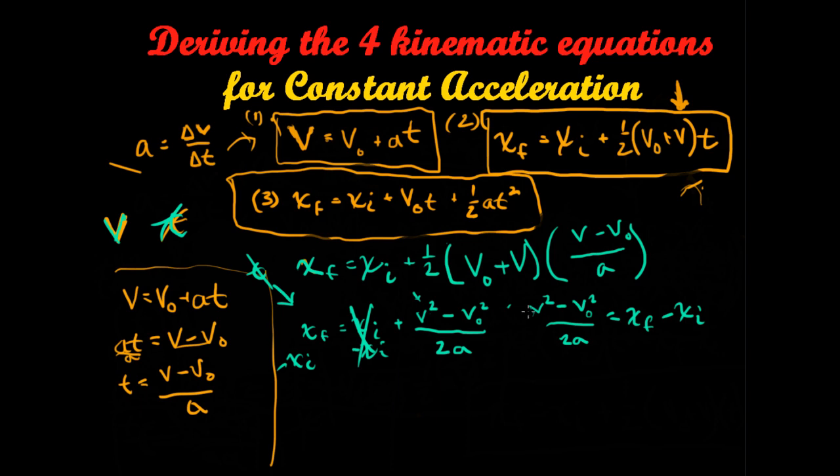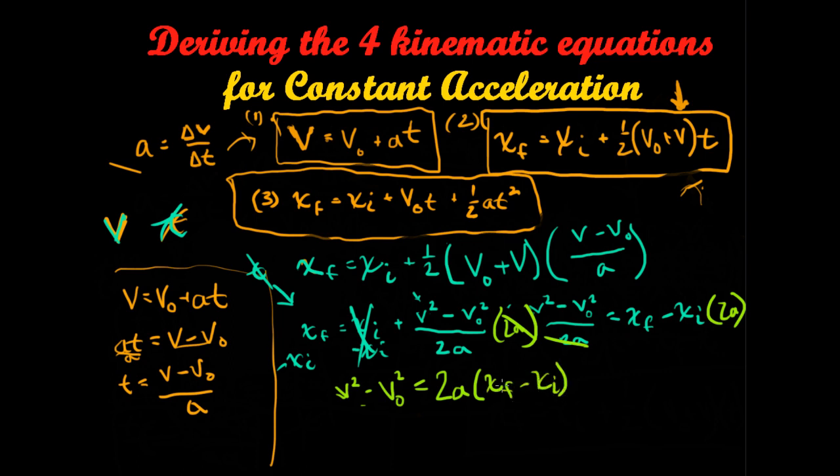Alright, now for this next part, we're going to multiply each side by 2a in order to cancel this denominator here. This gives us final velocity squared minus initial velocity squared equals 2 times acceleration times the displacement, basically just the displacement.